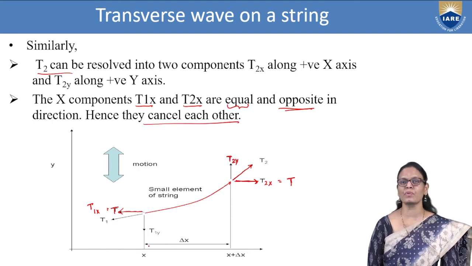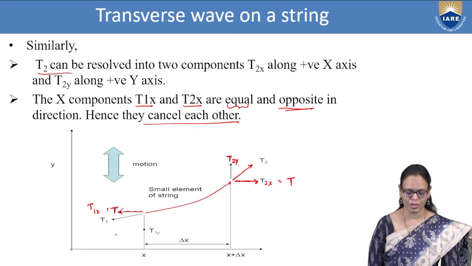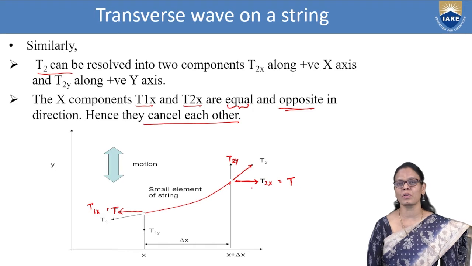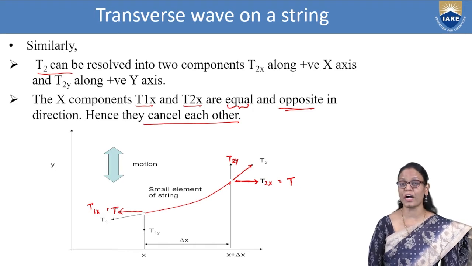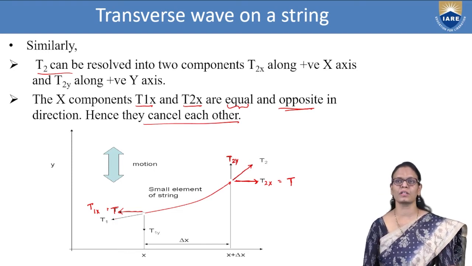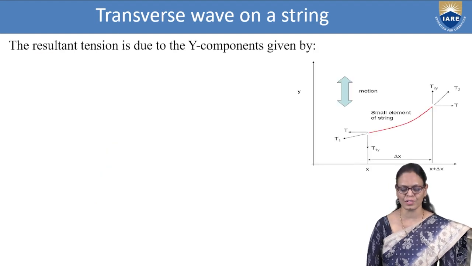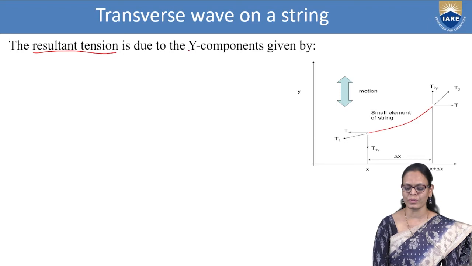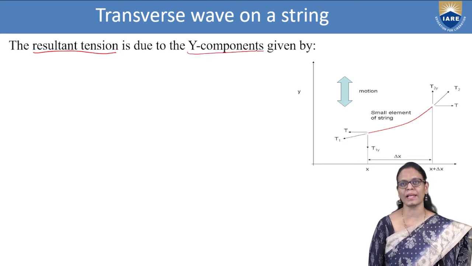So what we are trying to understand here is what the tension acting on the string is. First, we have considered T1 and T2. We have resolved them into components, but we find that the x components get cancelled out because they are equal and opposite. So the net or resultant tension acting on the string will be only due to the y components, because the x components got cancelled out.